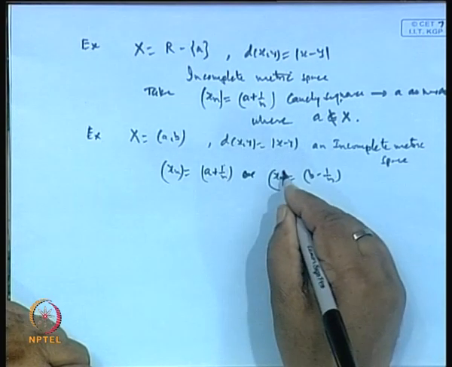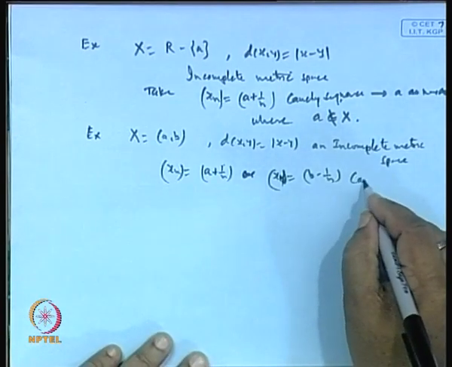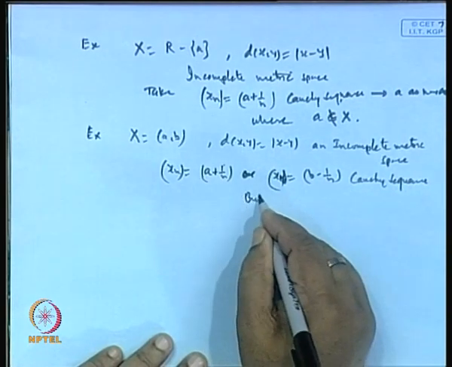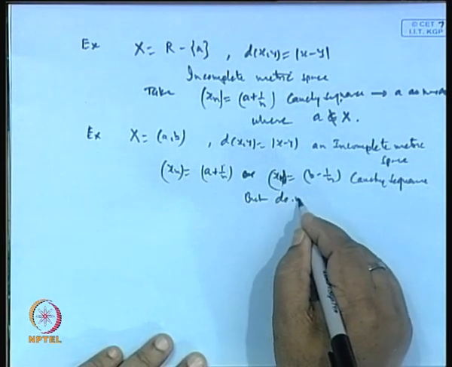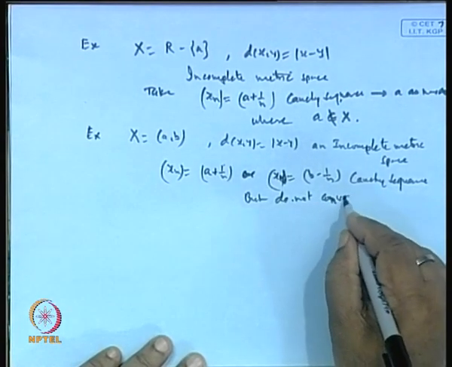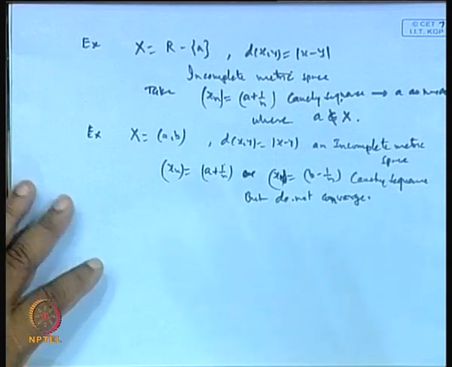If I take this type of sequence, then both are Cauchy sequences which do not converge in the interval.